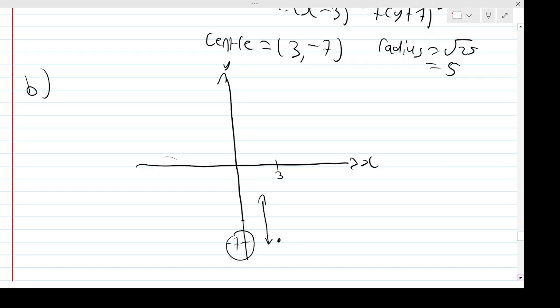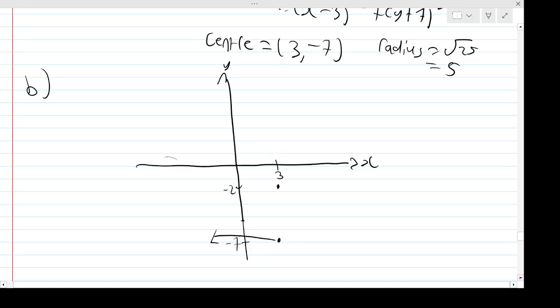From minus 7, it would go to minus 2 there. Okay, so that's one point. Then if we go to the furthest left point, if we go 5 units left, because that's the radius, from 3 it would go to minus 2.